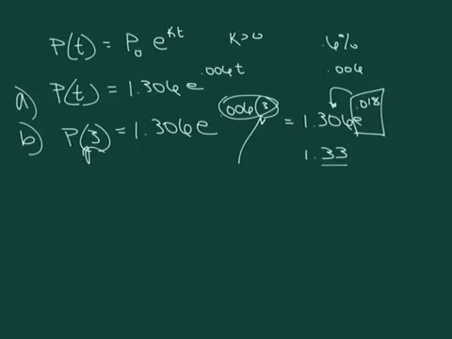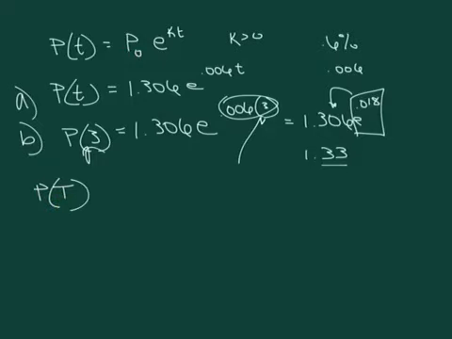Now this is called doubling time. So we're looking for a different formula here called the doubling time formula. The book uses a capital letter T for the doubling time instead of t for how many years after the initial. So when will the population be double?